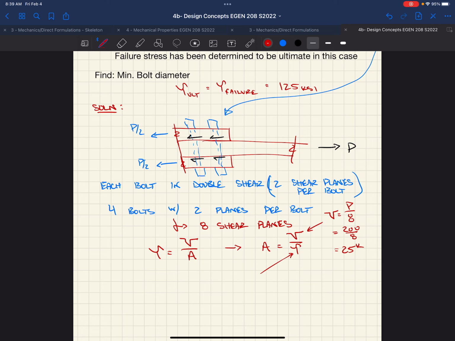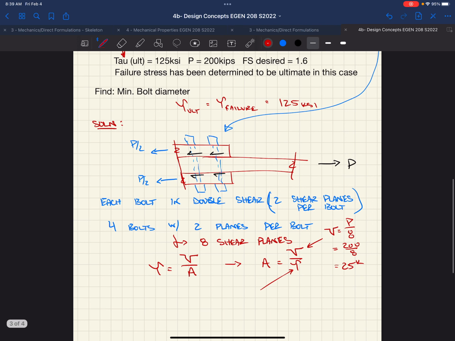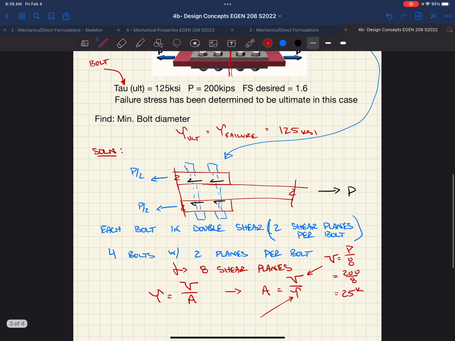We have tau. If we're figuring out our minimum bolt diameter, we want the diameter that will meet our design requirements. Our ultimate stress is 125, that's our failure stress. But we were told that we wanted a factor of safety of 1.6.